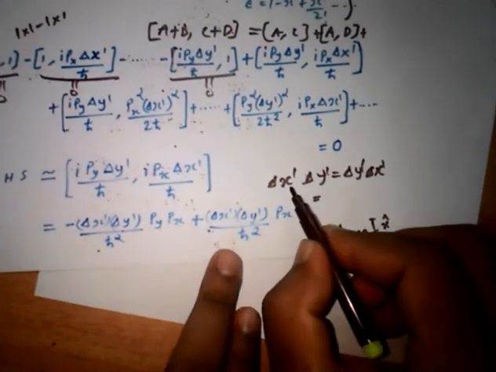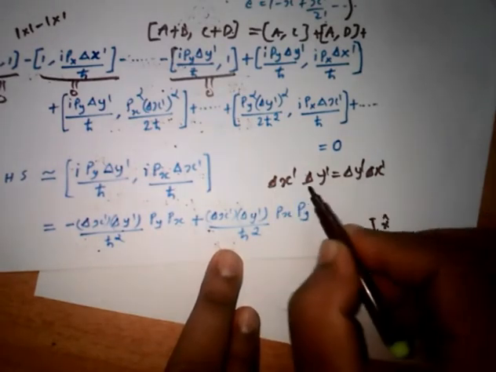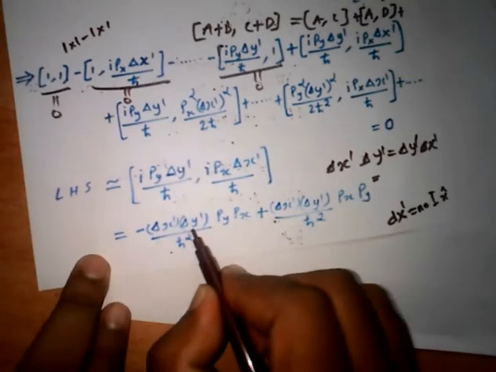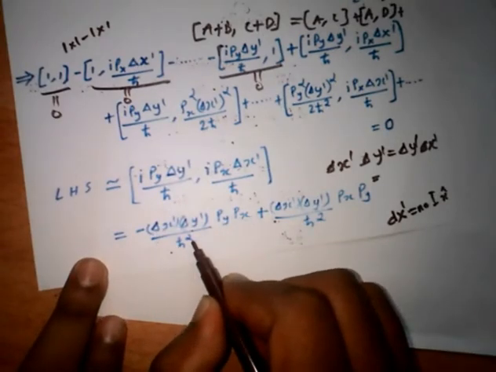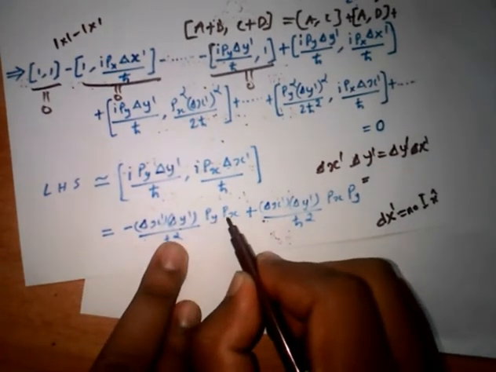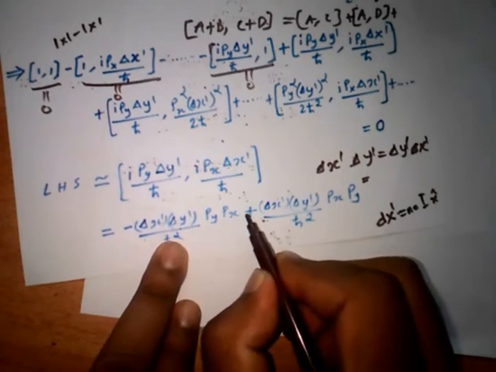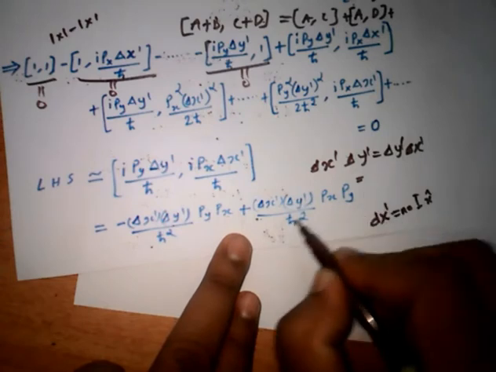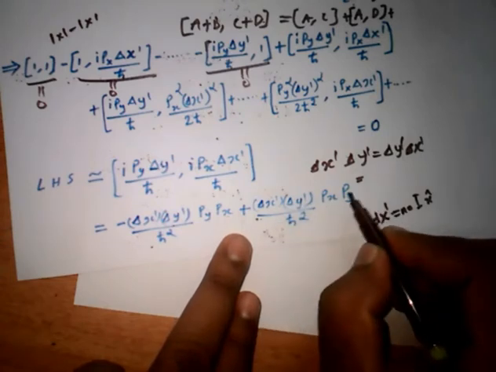Similarly, this is also like this, so we don't need to write in order. So we can write δx' δy'/ħ² into py px plus δx' δy'/ħ² px py.